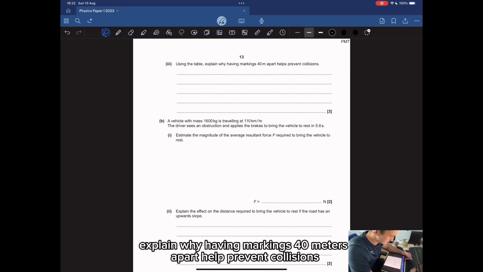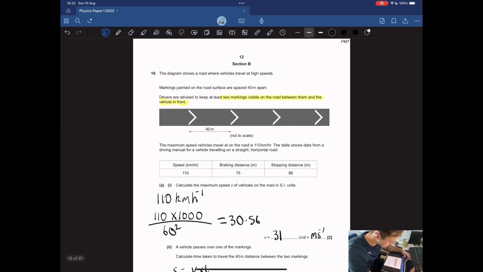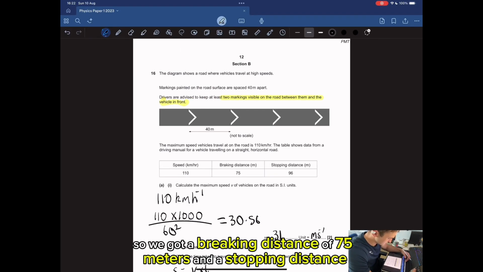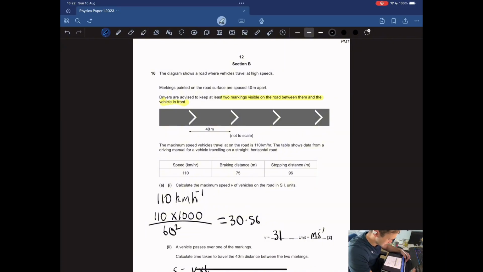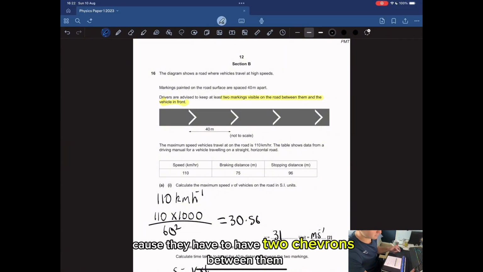Next part. Using the table, explain why having markings 40 meters apart helps prevent collisions. We've got a braking distance of 75 meters and a stopping distance of 96 meters. Basically, the cars have to be 80 meters away because they have to have 2 chevrons between them.